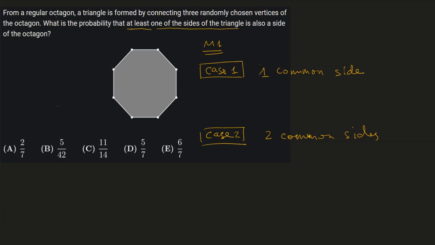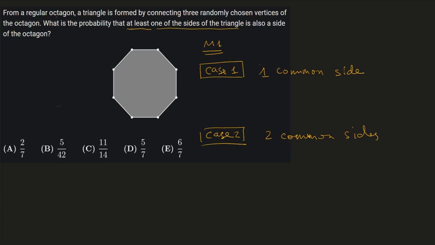No. If you give it a try, you'll find out that such triangles do not exist. Therefore, we only have two possible cases. Then this problem is subdivided into two slightly easier problems to handle. And this is a typical technique when you deal with counting problems.